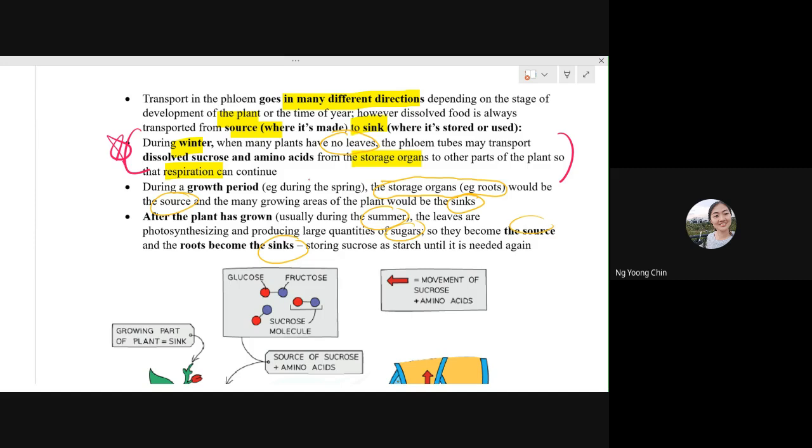So what will they carry out? They will carry out respiration. Respiration is a process involving glucose, because they need to break down glucose released from the storage organs to release energy.